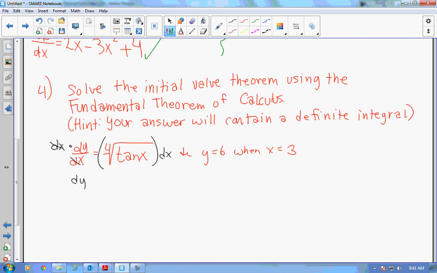So we have dy equals the 4th root of tangent x dx. Okay, then we integrate. Well, I'll just put it right here so I don't have to rewrite it all. The integral of dy is y equals the integral of the 4th root of tangent x dx.